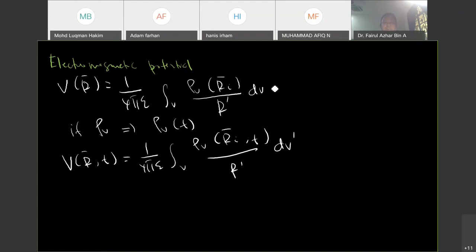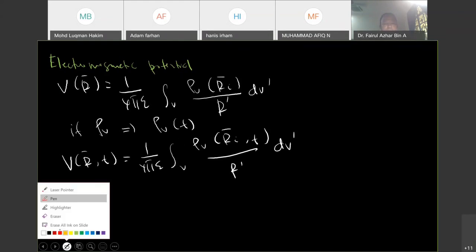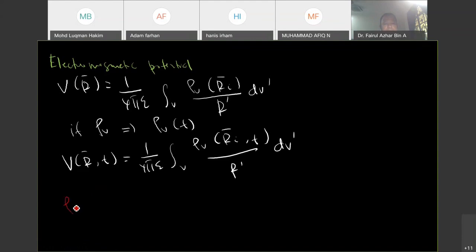If we consider that rho V exists as a function of time, that means our rho V will change from one value, say rho V1, to rho V2. Because of this, our potential difference V as well will change from V1 until V2.